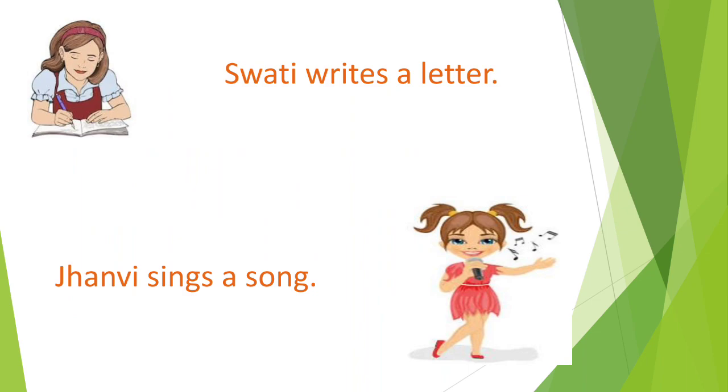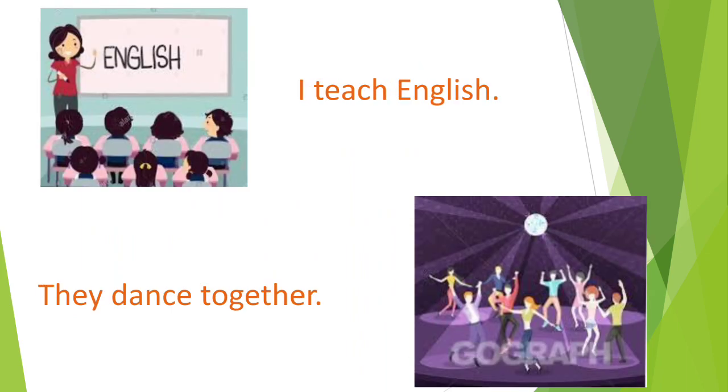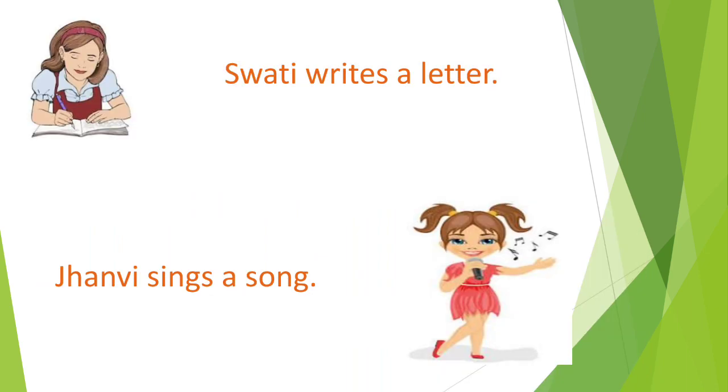Let's have another example. What does Swati do? Swati writes a letter. What does Janvi do? Janvi sings a song. In the next picture, I teach English. They dance together. Do you see any difference in the verbs? Yes, in the previous ones there is S and ES with the verb.